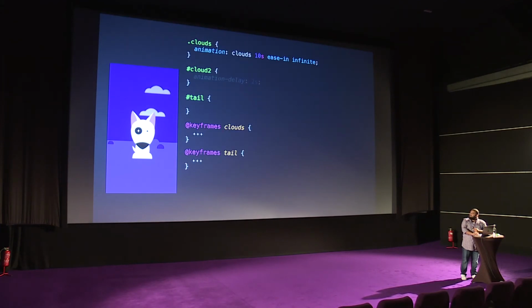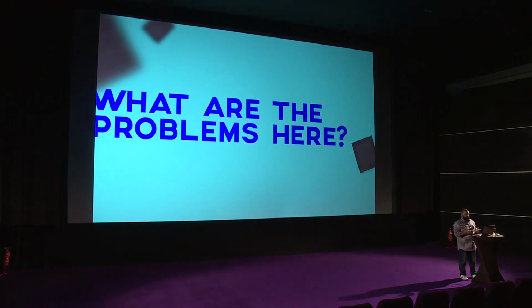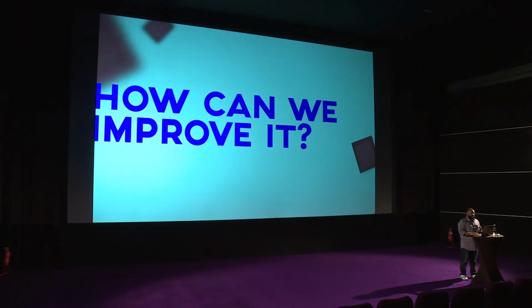So I'm defining the delay for this animation here, and I'm also using this tail animation here. I won't go into the details here. But for us, what's the problem that's happening here? And actually, it's not a problem, but how could we improve it?